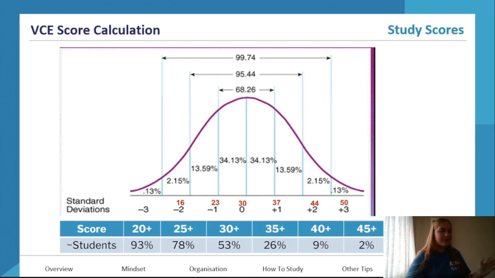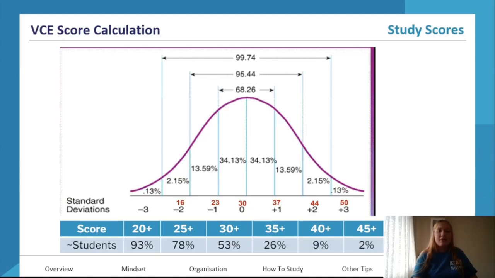It's a little bit different, as you can tell from the bell curve representation, in terms of what it means. It's essentially saying around 93% of all students for a subject score more than 20 as their study score for a subject, so between 20 to 50. Then only around 78% of all students for a subject will score more than 25.